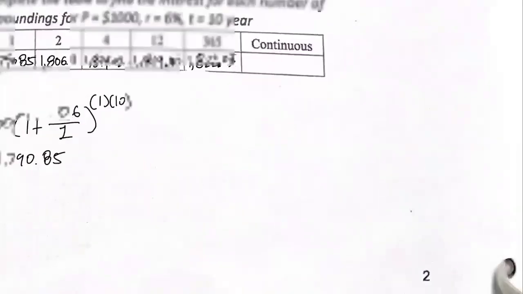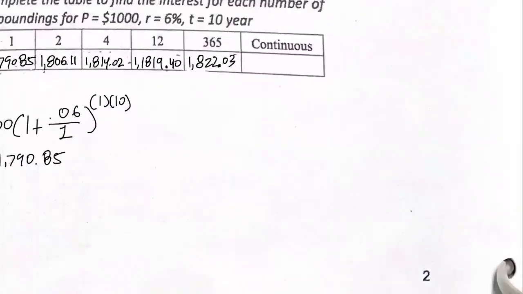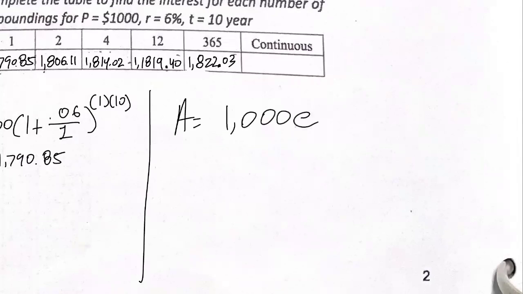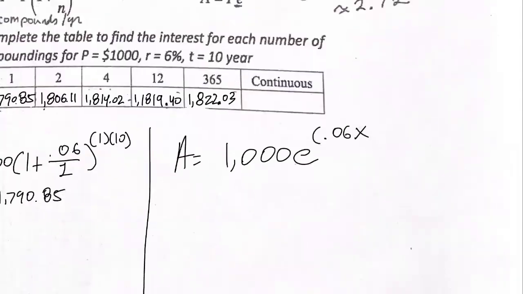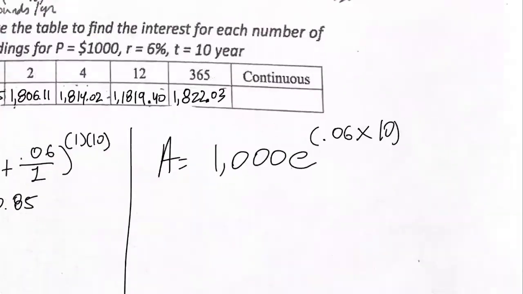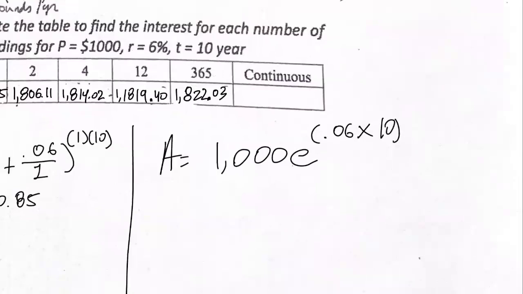So for the continuous formula, A is equal to what we started with, 1,000, times e to the power of r, which in this case is 0.06, multiplied by how long? In this case, 10 years. So in 10 years at 6%, compounding continuously, roughly 1,822.12.